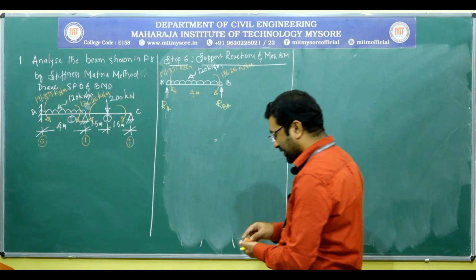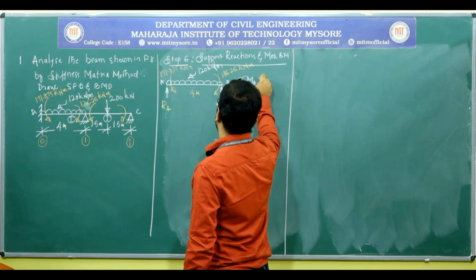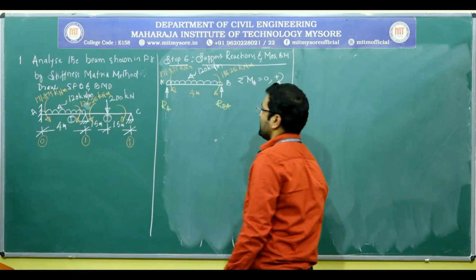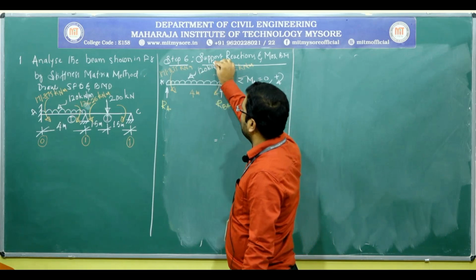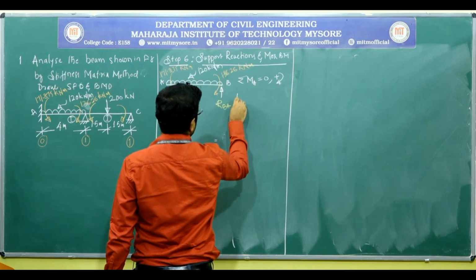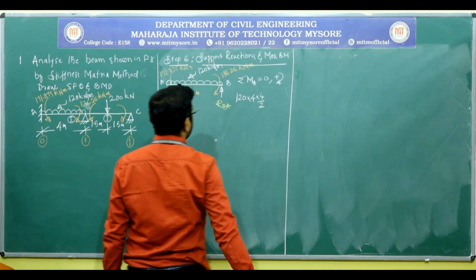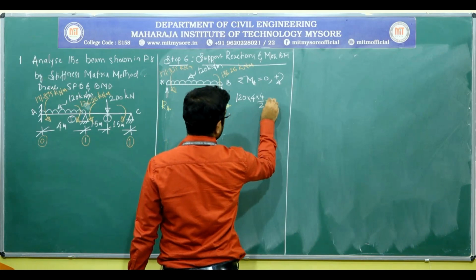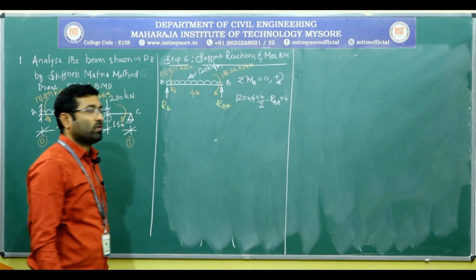For that, I will implement the equilibrium conditions, that is, the algebraic sum of moments about A must be equal to 0. I will take clockwise as positive. Here you can see this 120 kilonewton per meter UDL creates a clockwise moment about A, so it is positive. So, 120 into 4 into 4 by 2, minus RBA into its perpendicular distance 4, since this reacting component creates an anticlockwise moment.